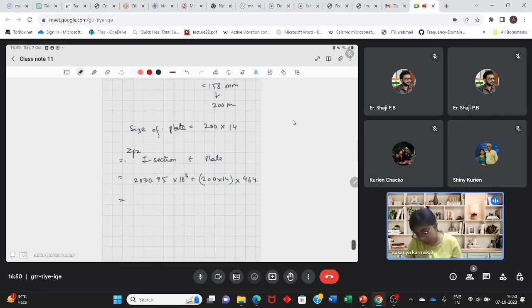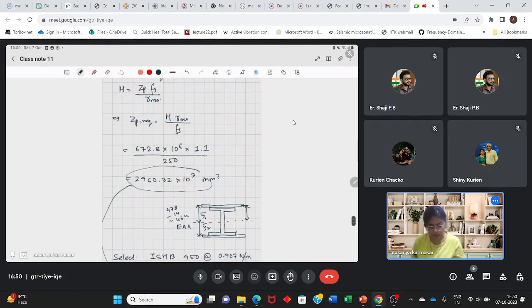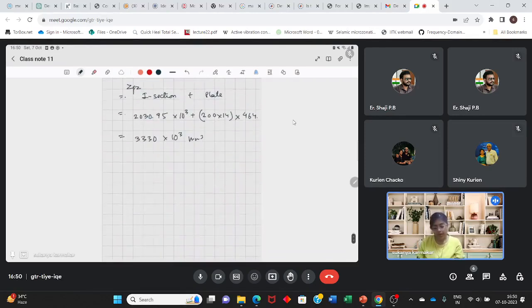So this comes out to be around 3330 into 10 to the power 3. And you required around 2960 into 10 to the power 3 mm³. And what you're getting is greater. So this is fine, the section modulus.